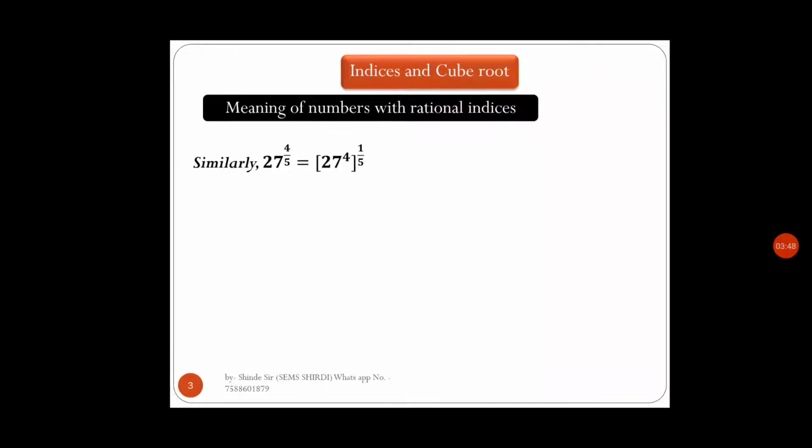Similarly here, 27 raised to 4 by 5 is equal to 27 raised to 4, bracket raised to 1 by 5. The meaning of this is the fifth root of the 4th power of 27.